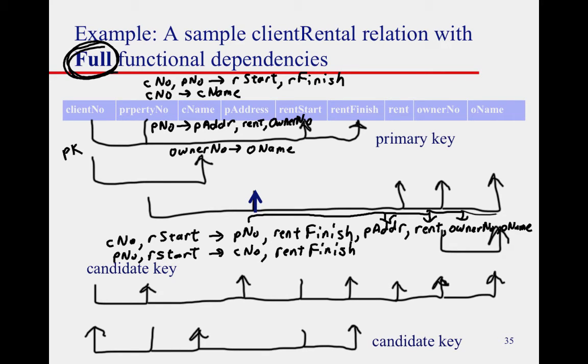So when I really write it down as a functional dependency, I should only include this part because I can get property number determining the rest of it.